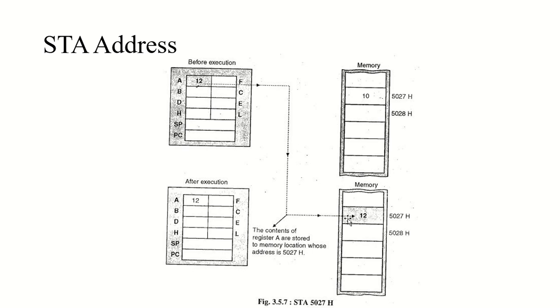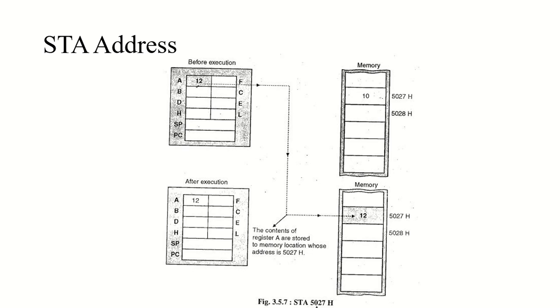And one more interesting thing is that it is not being pointed to by the HL register here. See, earlier we used to point everything using the HL register, but when we have STA, we are directly sending the content of the accumulator to the address which is given directly as the memory location address, right?